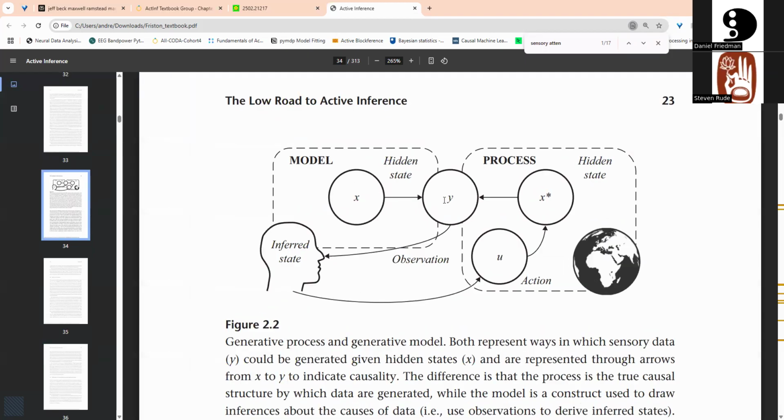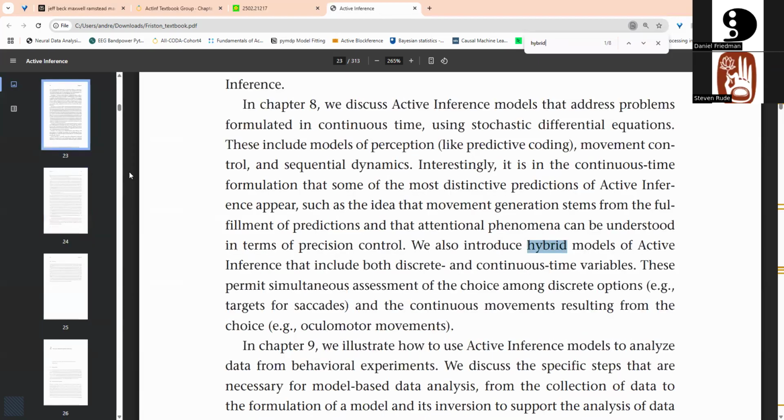And the internal motor command is activating an internal model of the sensory input that would be the result of that motor command, which is then compared with the actual sensory input of that motor command. And that's the way we're continually improving the actual motor commands.